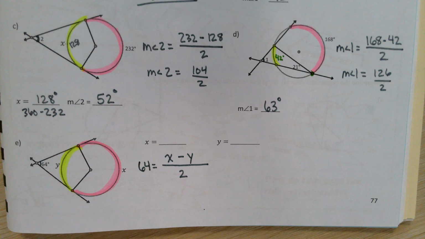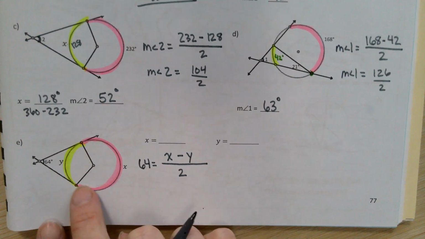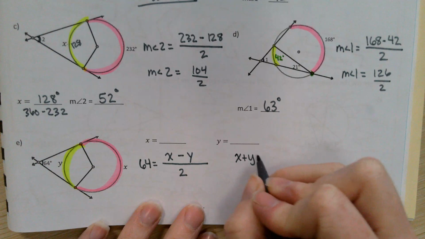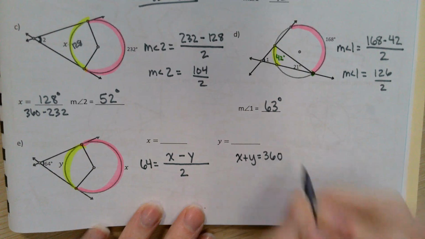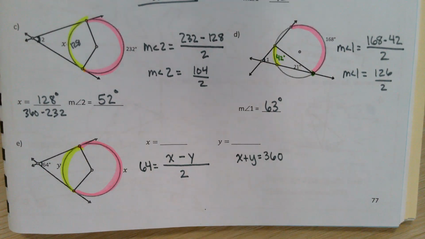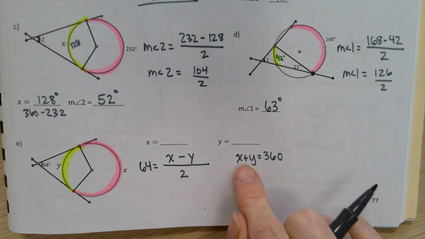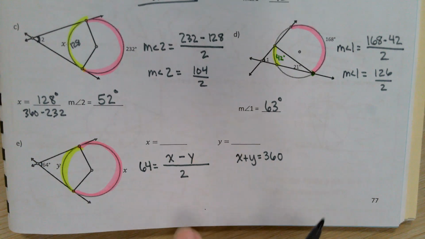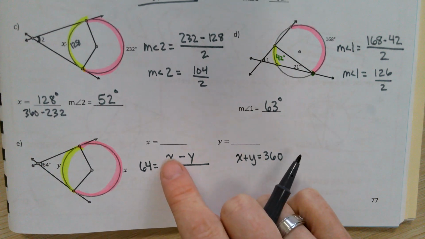The easiest way, in my opinion, to do this is to get rid of one of these variables by remembering that together, the yellow and the pink arcs put together add up to be 360 degrees. So there's a second fact that's true about those. So then if we're thinking about how to use this fact to help us out, let's think about getting rid of this x maybe.